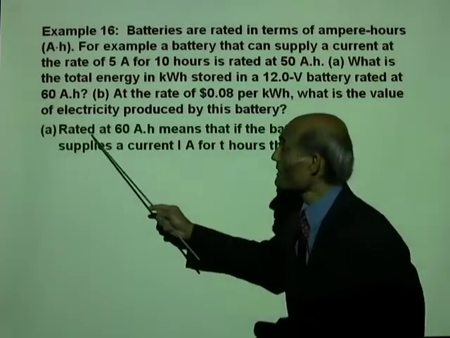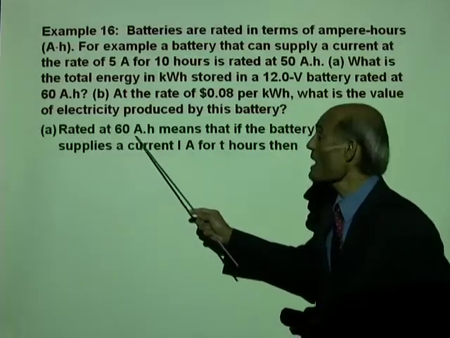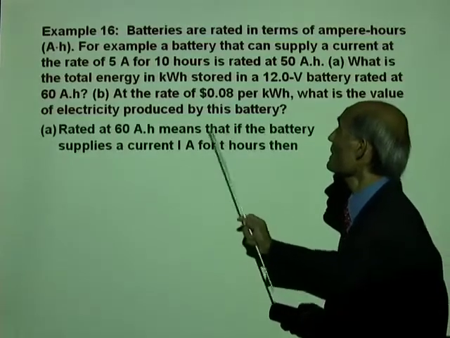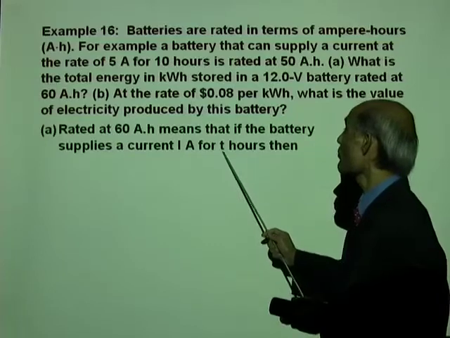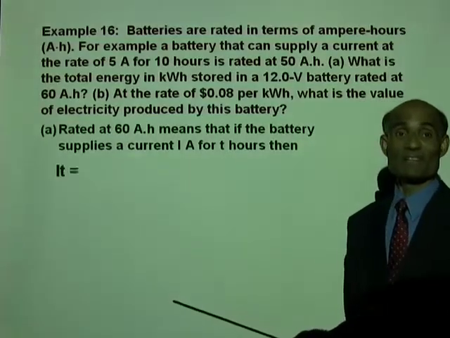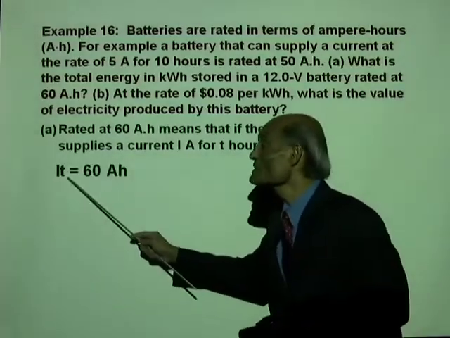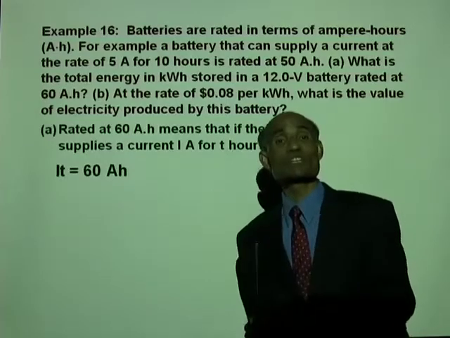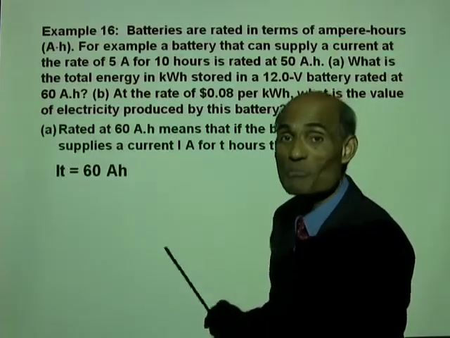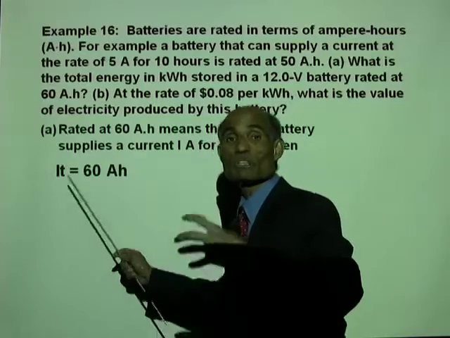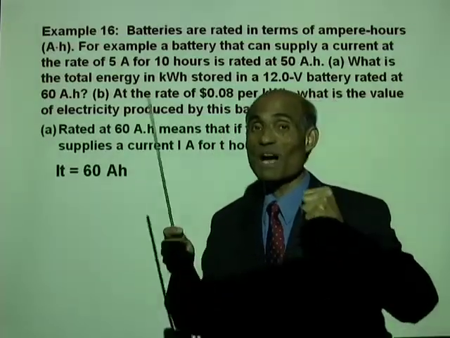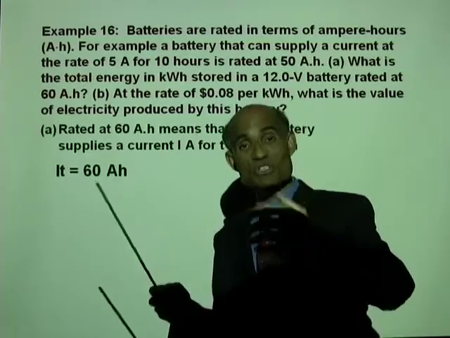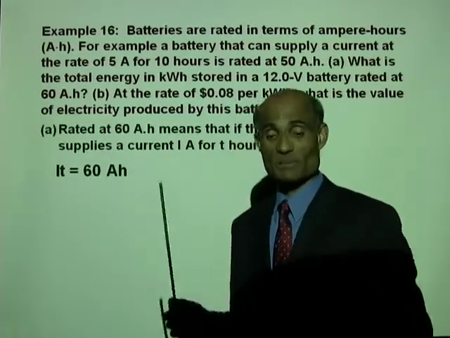Well, the battery is rated 60 ampere hour means that if the battery supplies a current I ampere for T hours, then I times T equal to 60 ampere hour. Ampere hour. I ampere times T hours. You see, 3 ampere times 20 hours is 60 ampere hour, right?